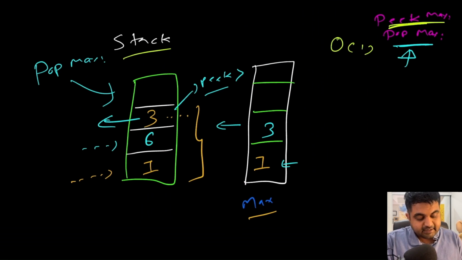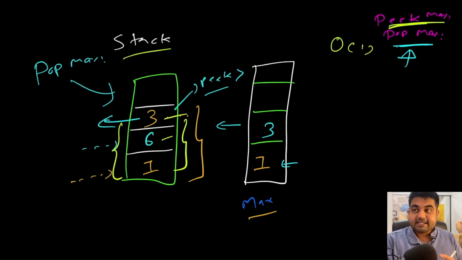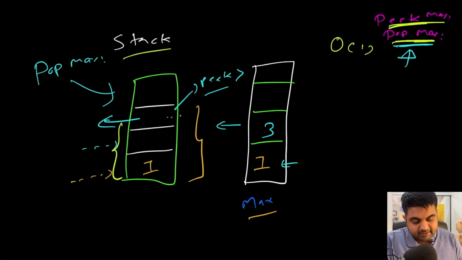Because remember that in the previous state, we did not have value number 6 or value number 3 as part of the maximum value so far. But because we did the pop max, we kicked value number 6 out, and at the same time we will also have to pop these two elements out as well, and we would be left with value number 3.